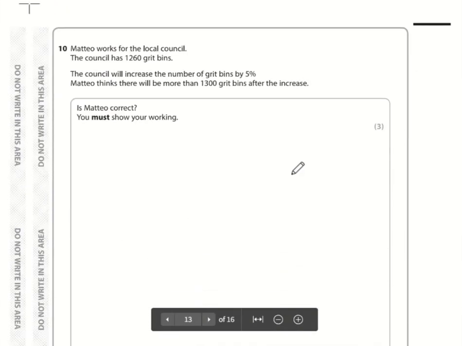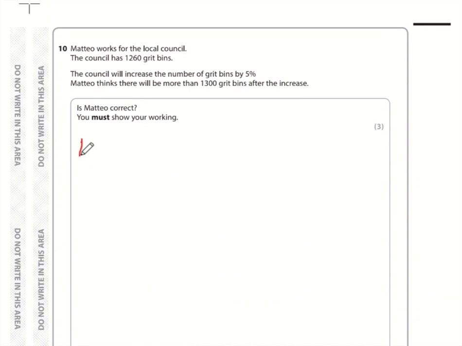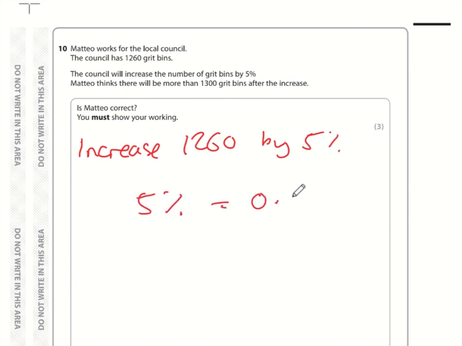Okay, so let's have a look at this one. So the question is basically increase 1260 by 5%. Now the multiplier for 5% is 0.05. So if you want to work out 5% of an amount, you multiply by this figure here. This is the decimal equivalent of 5%, in other words it's 5 divided by 100.